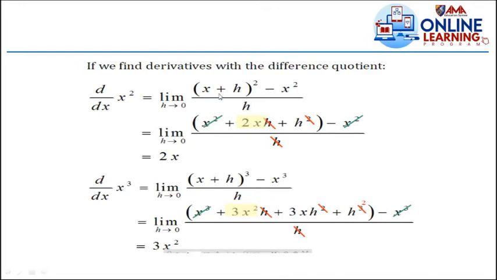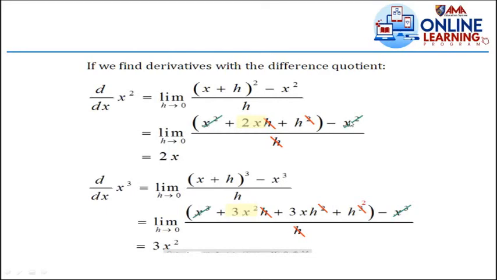So therefore, if we're going to expand this one, we're going to use the formula a plus b raised to 2, which is a squared plus 2ab plus b squared. If we expand this, we have x squared plus 2xh plus h squared minus x squared. We're going to simplify it further, collecting like terms.